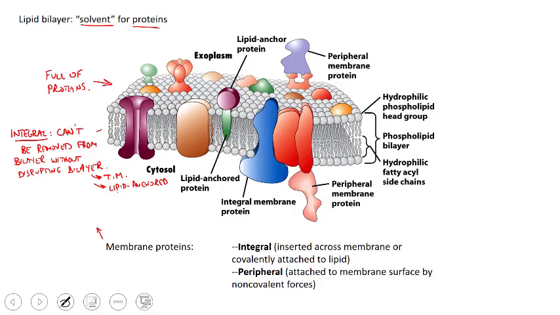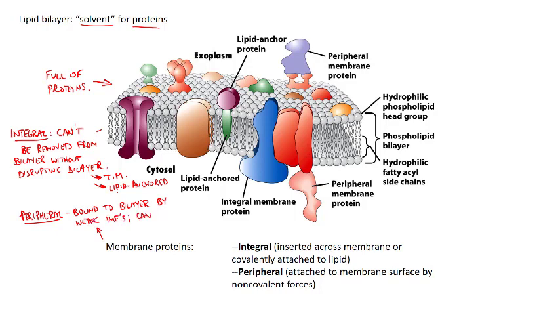And then the other type of membrane protein is a peripheral membrane protein. A peripheral membrane protein is just bound to the bilayer by weak intermolecular forces and can be easily removed just with mild treatments like changing pH or something like that.